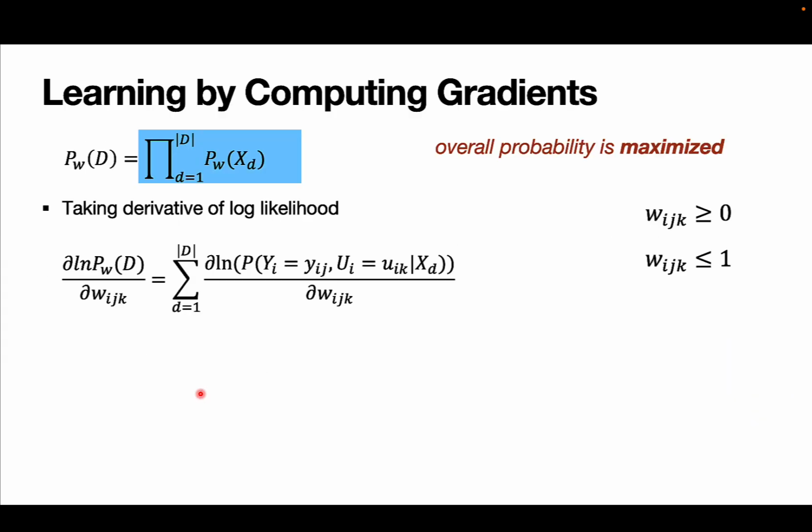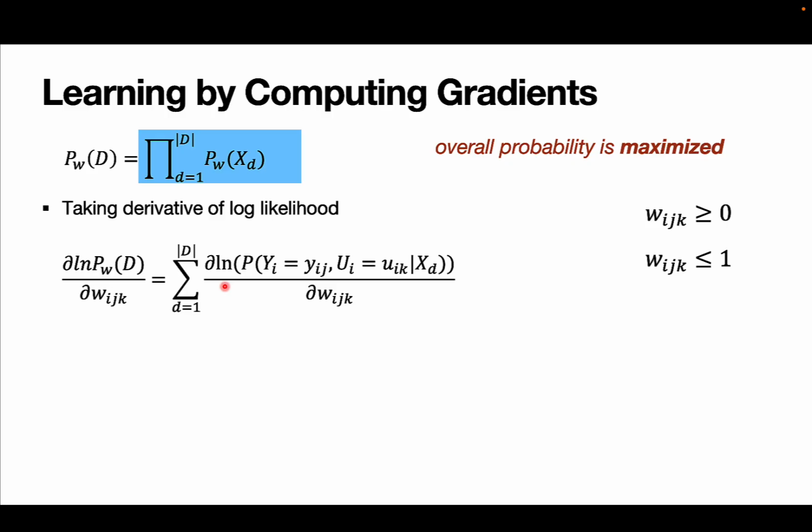So to solve the optimization problem, the goal is to maximize the overall probability. We take the derivative of the log of the probability because taking the log is going to convert the product into a summation. This simplification allows treating one variable at a time while keeping others constant, which makes the differentiation process easier.